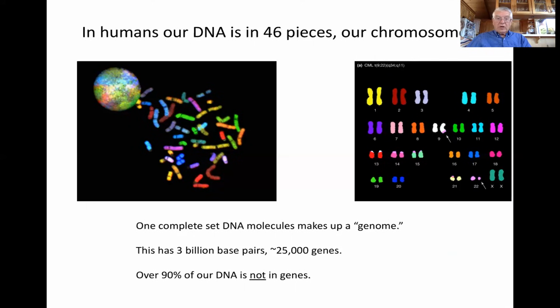So the way this is actually done is you take some cells, you squish them on a microscope slide, you add these stains so that the chromosomes become visible, and then in the past, they would actually cut out the photograph. Now, of course, you can do this all on a computer. So you line up the 2 longest ones, the second longest ones, the third longest ones, and this is called chromosome 1, chromosome 2, chromosome 3, all right, through the whole set.